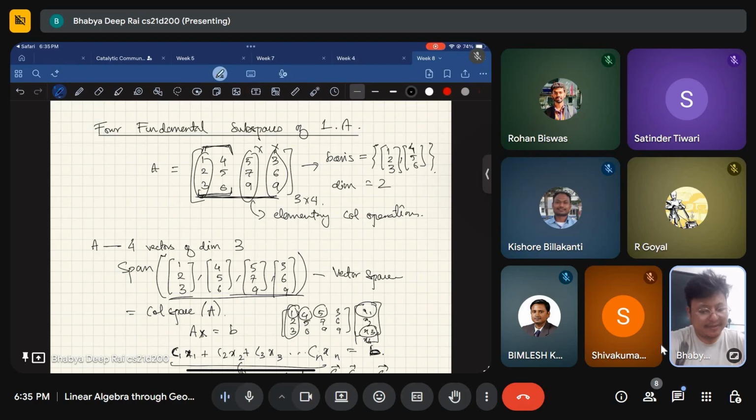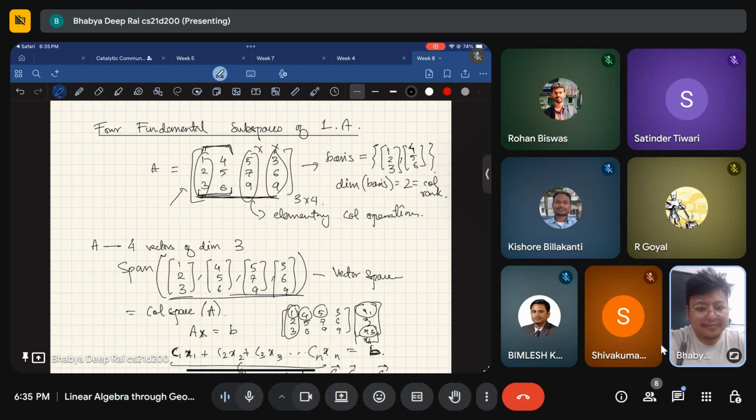Dimension of the basis is 2, which is the number of elements in the basis, which is interestingly equal to the column rank. If you do a Gaussian elimination here, you will get 2 pivot elements.